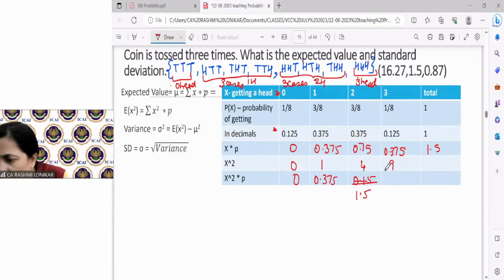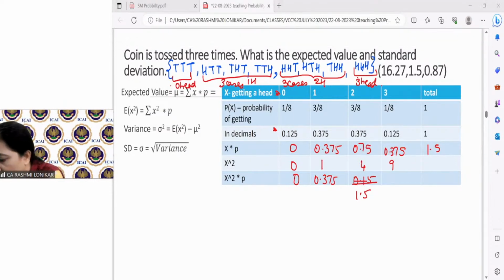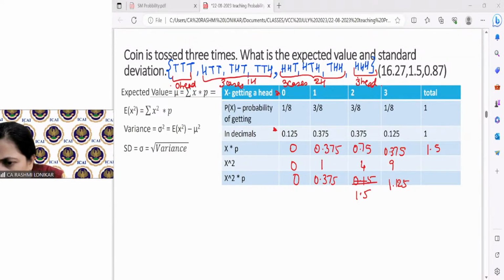Decimal placing is wrong. And then 9 into 0.125 is how much? 9 into 0.125 is 1.125.